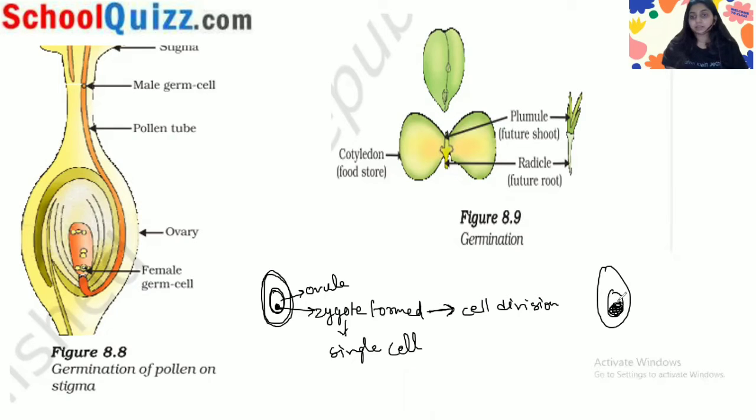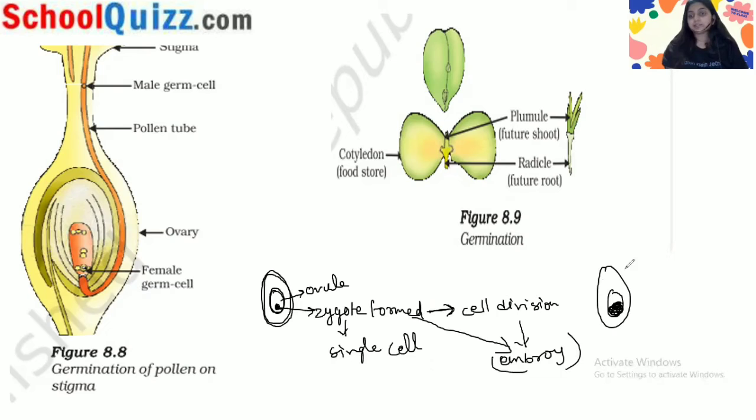It covers most of the area, and later the embryo is formed. When this zygote grows more, it forms into an embryo.